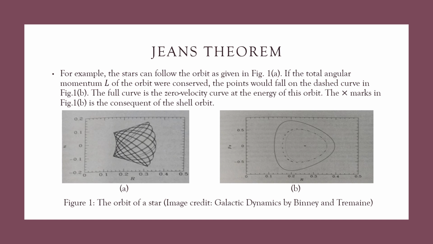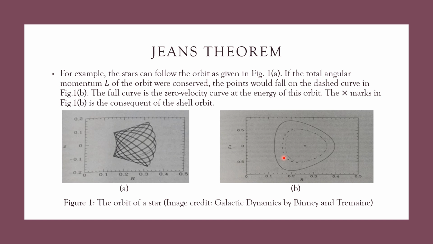For example, consider the scenario depicted in Figure 1a, where stars are following an orbit. Now, if the total angular momentum of the orbit were conserved, the trajectory of the stars would align with the dashed curve shown in Figure 1b. This curve represents the path traced by the stars over time, maintaining a constant angular momentum.